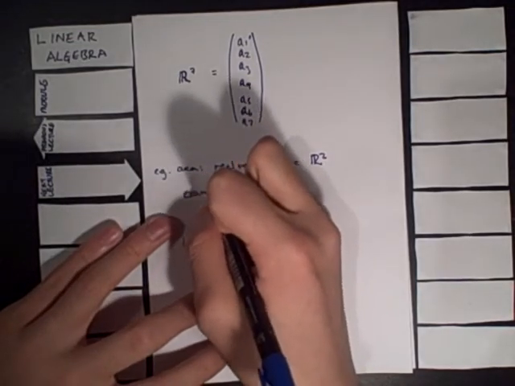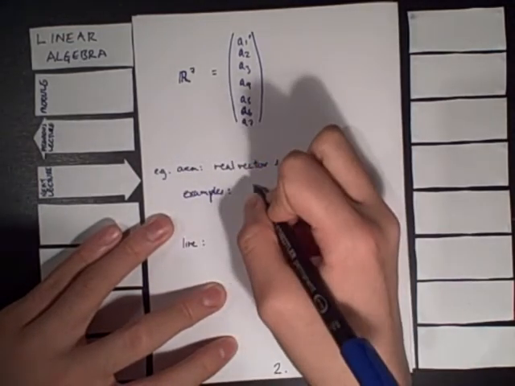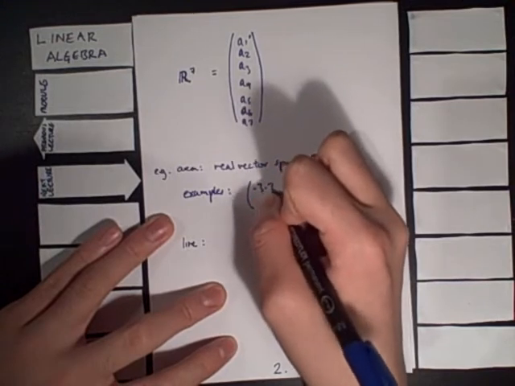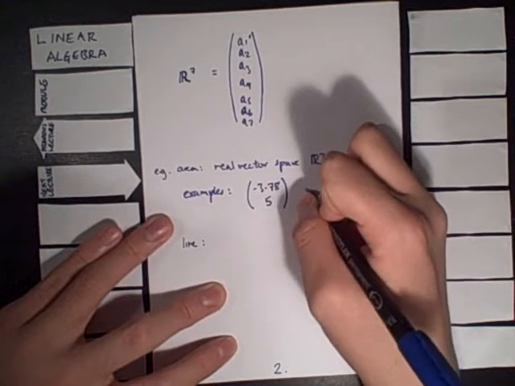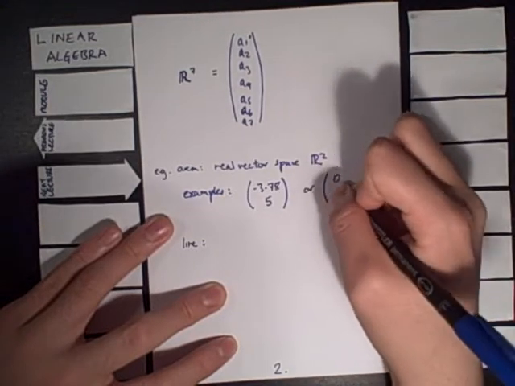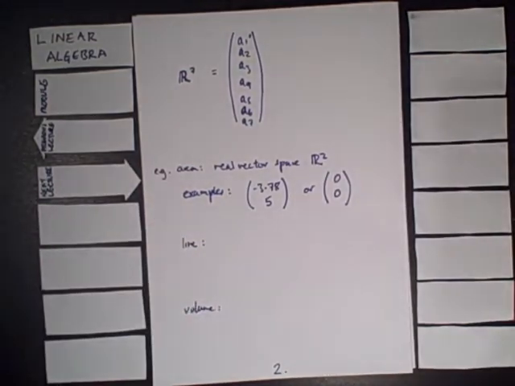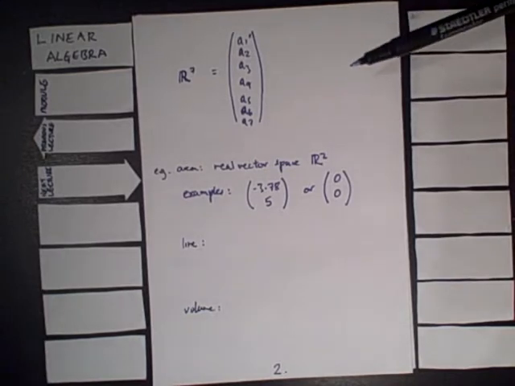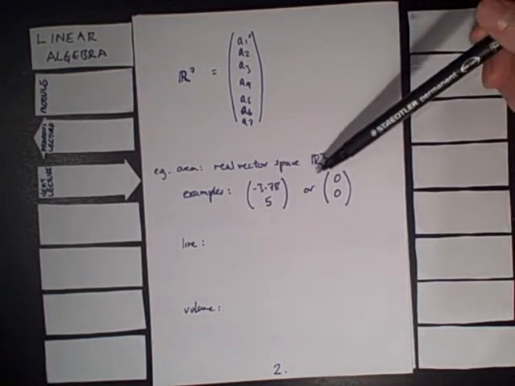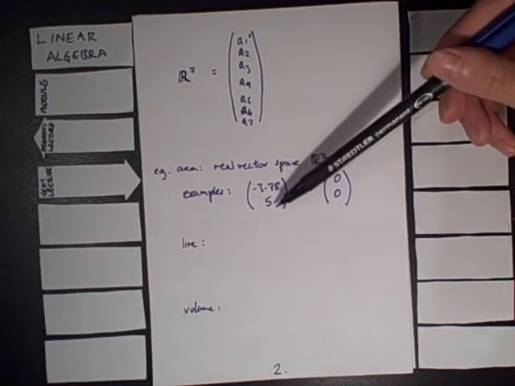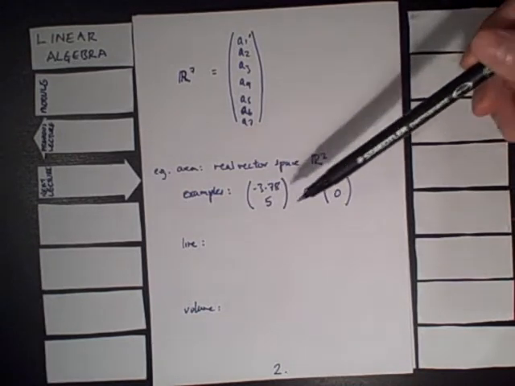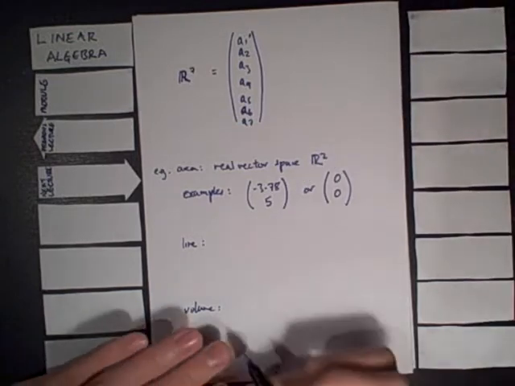Examples might be minus 3.785 or 0, 0. The key thing that makes this vector part of R squared is the fact there were two real numbers. So each element, there were two elements, both of them are real numbers.